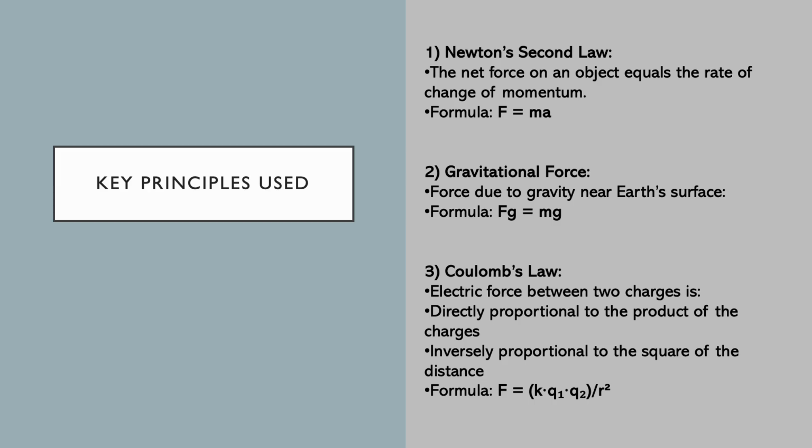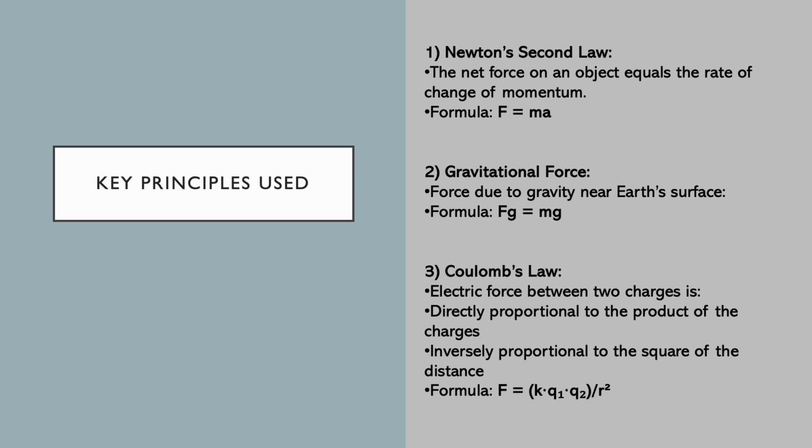Some of the key principles used in this lab were three main physical concepts. One was Newton's second law, which states that force equals mass times acceleration, but in this case, we used it to set the net force to zero. Then there was the gravitational force, which gave the downward force on the tape as F equals mg.